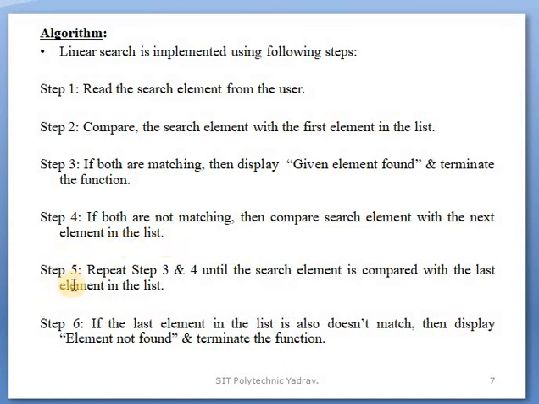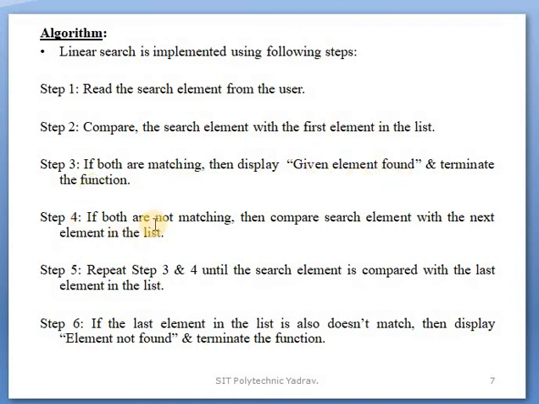After step 5, what is step 6? Repeat steps 3 and 4 until the search element is compared with the last element in the list. I said this repeats. If the elements are not matched, then on the next element, if a match is found, then display.